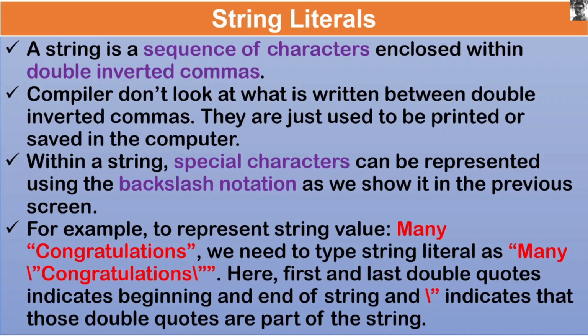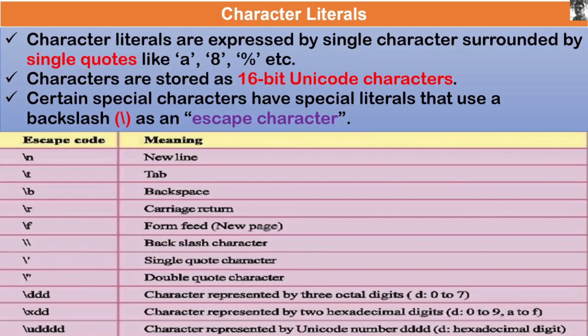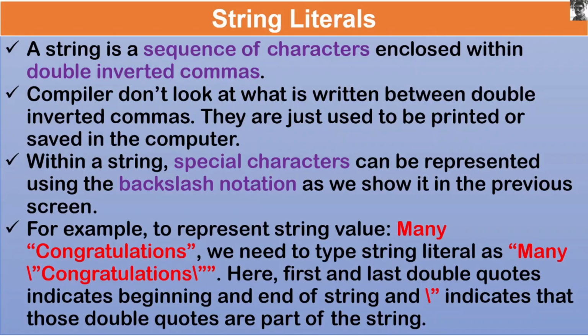Within a string, special characters can be represented using a backslash notation, as we showed on the previous screen, using this backslash character. For example, to represent the string value "many congratulations", if I want to represent the string as "many" and then "congratulations" within double inverted commas, then how to do it?